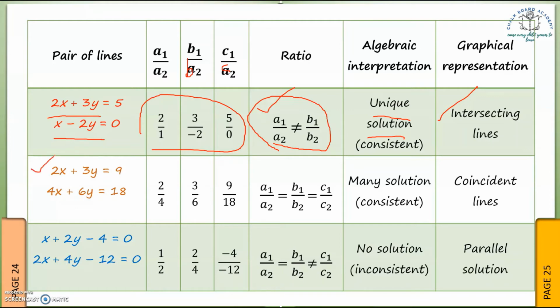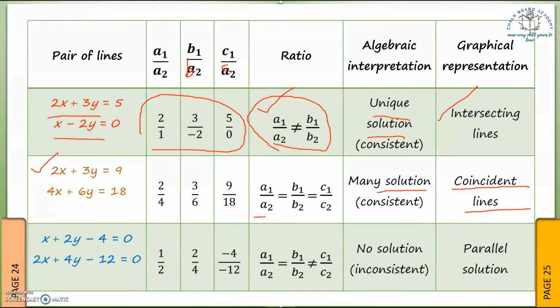Similarly, we have the second part, about the second question. Here we got coinciding lines, coincident lines, and we had many solutions. Here we see that the ratios are equal: 2 by 4 is equal to 3 by 6 is equal to 9 by 18.